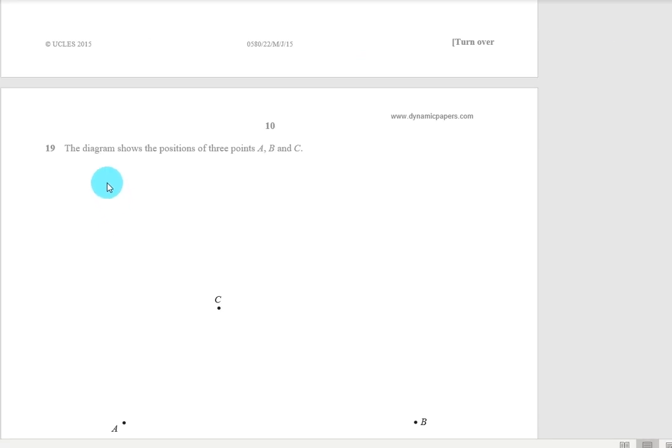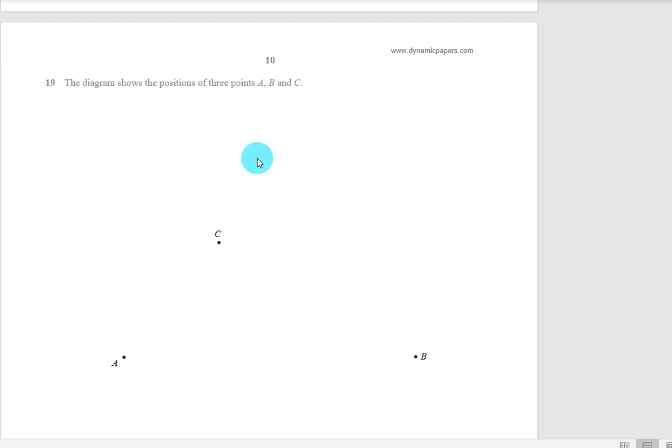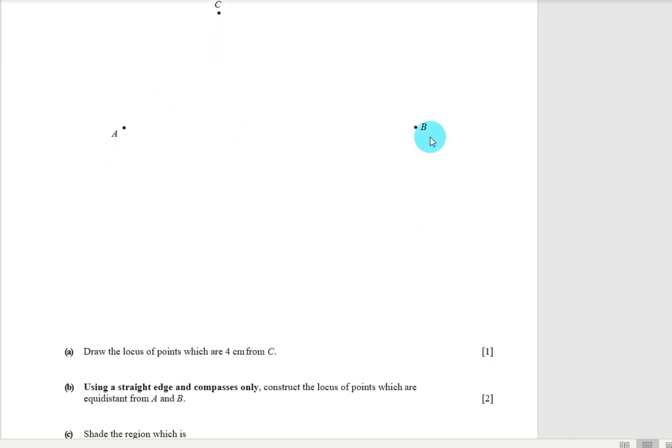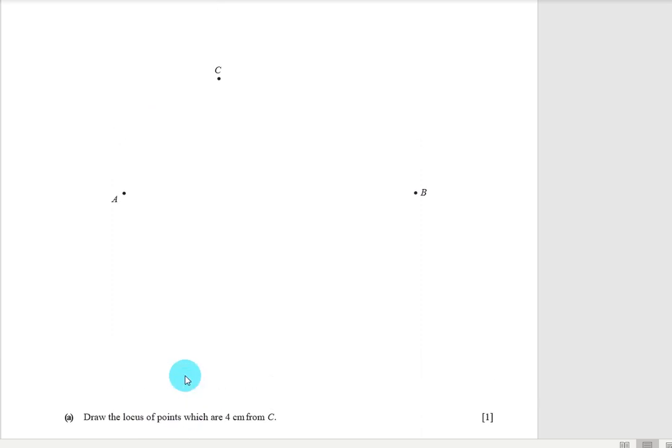Let us go to another question. The diagram shows the position of the three points A, B, C. Draw the locus of points which are 4 centimeters from C. To answer this question, bring your compass and ruler.